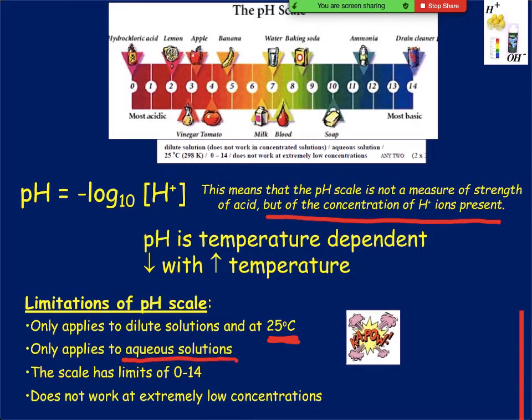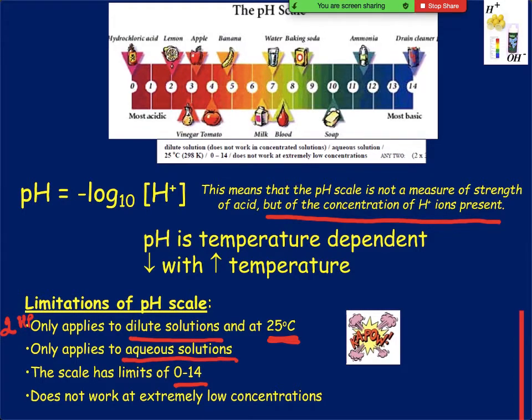As far as we're concerned, the limit is 0 to 14, but you can actually have negative pHs. That is a possibility once you get to university. And if the concentration is too low, you can't actually get a read of a pH. So you can pick any two of these that apply. Technically this first sentence is actually 2 marking points.